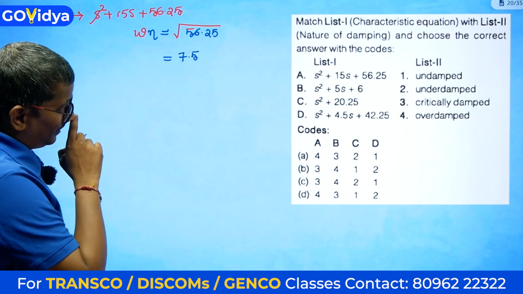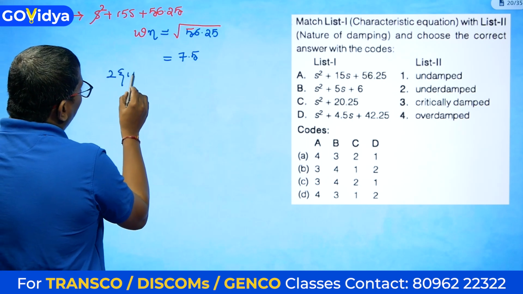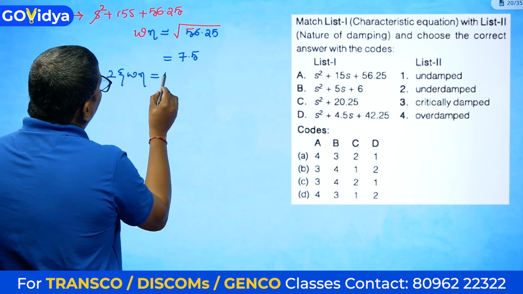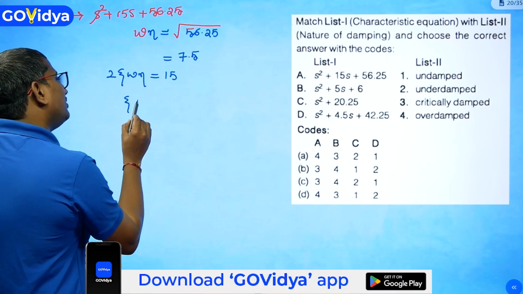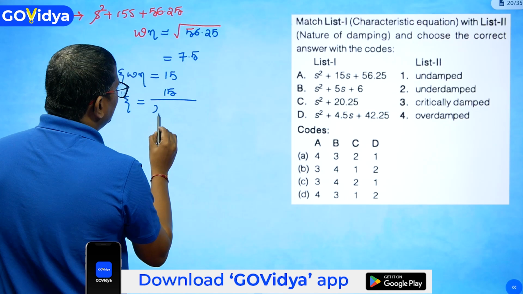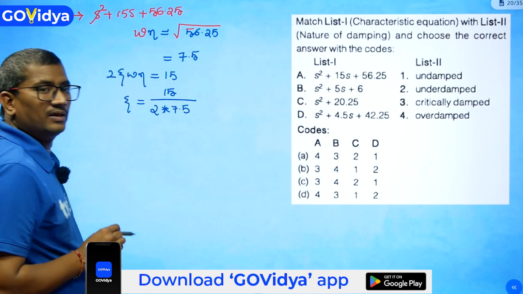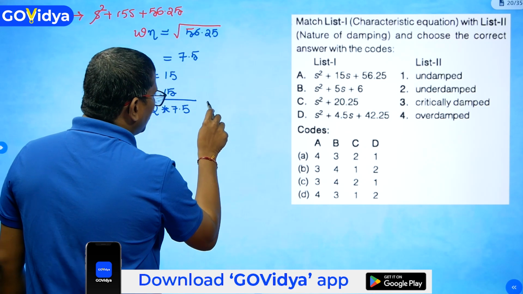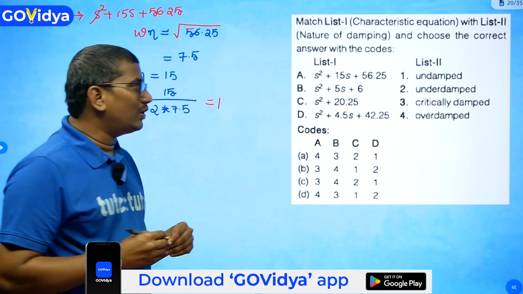So now what is the 2 zeta omega n value? 15. So zeta will be 15 divided by 2 into 7.5, which is nothing but how much? 1.